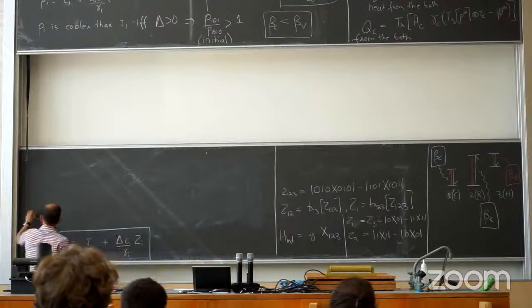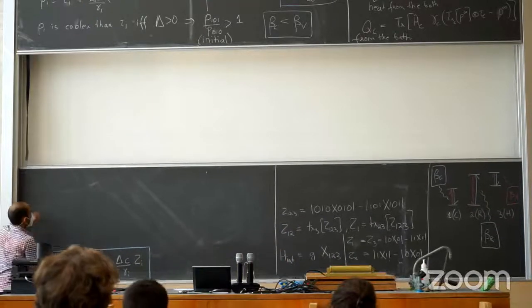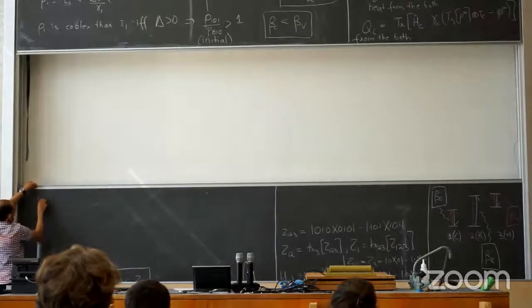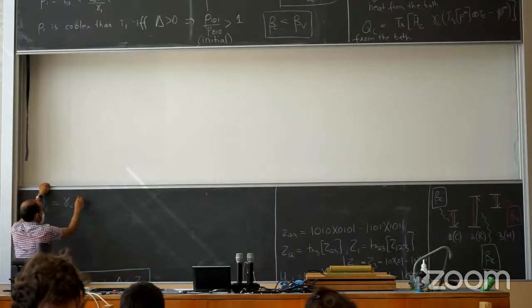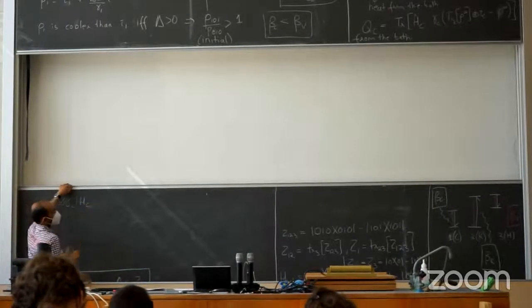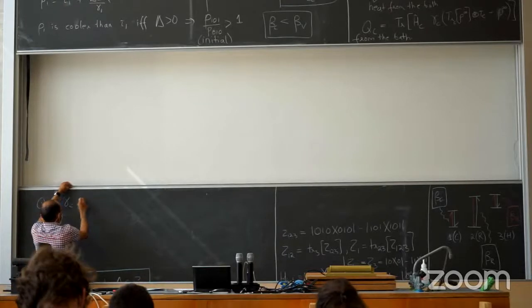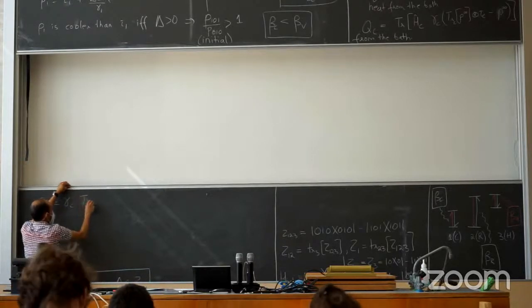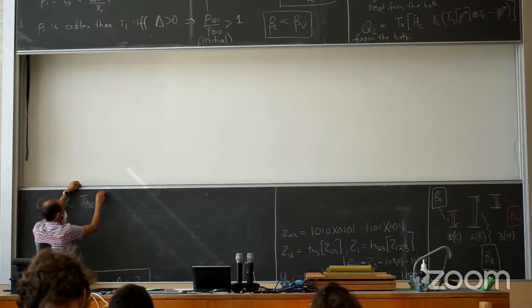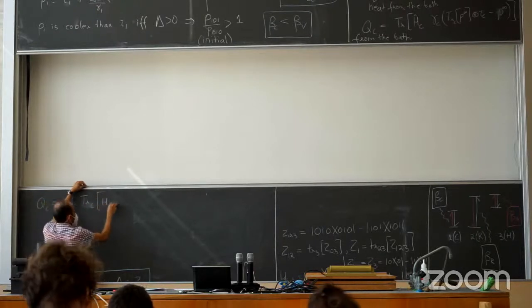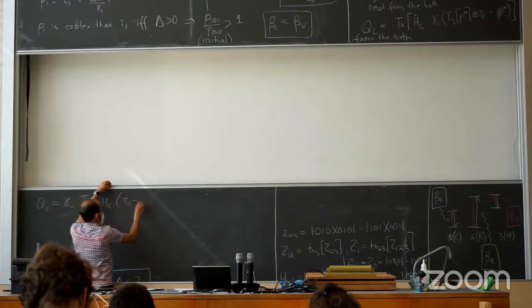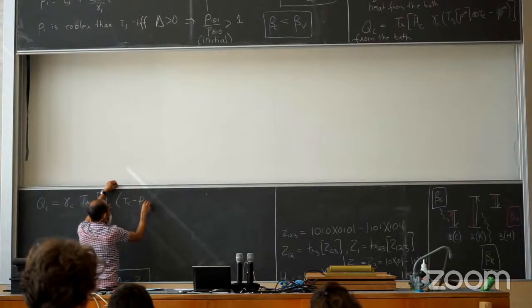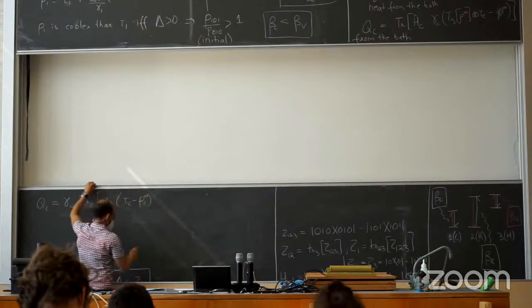So in the end, what you end up getting is that QC is equal to gamma C times the trace over C of HC times tau C minus rho C, where this is again rho C infinity.